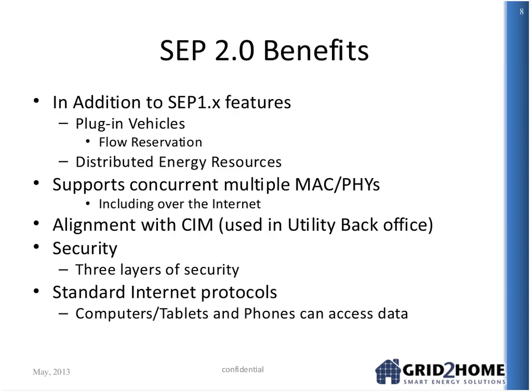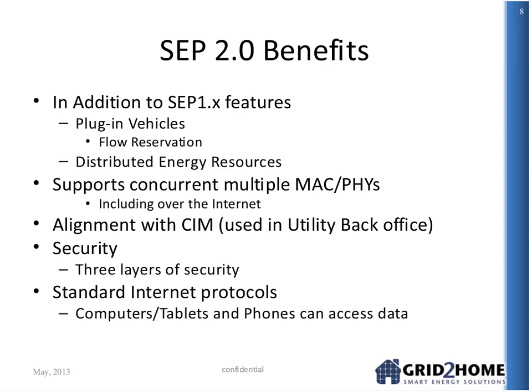So a couple of the SEP2 benefits that come out of this: there are a lot of additional features that have been added to the SEP1 features, for instance, for plug-in vehicles using something called flow reservation, distributed energy resources control, solar and wind energies, support for concurrent and multiple MACs and PHYs, meaning different Wi-Fi, HomePlug, ZigBee, Ethernet, and alignment with the SIM, which we discussed.